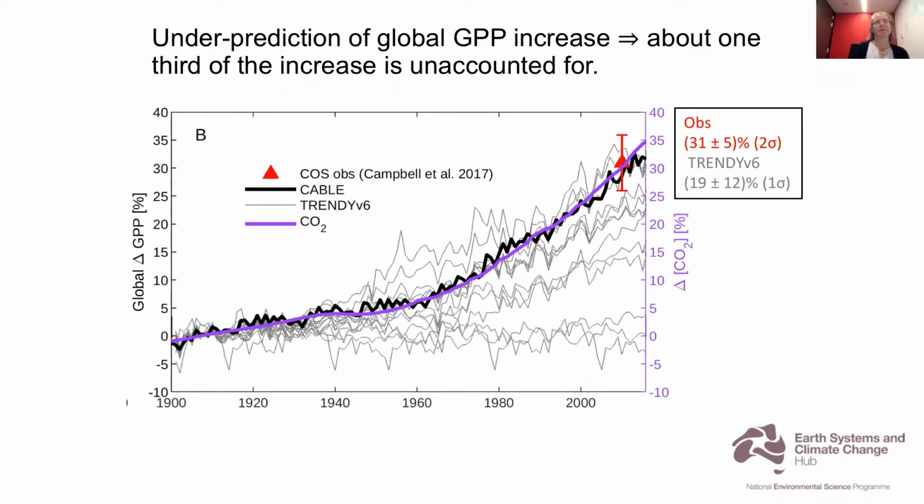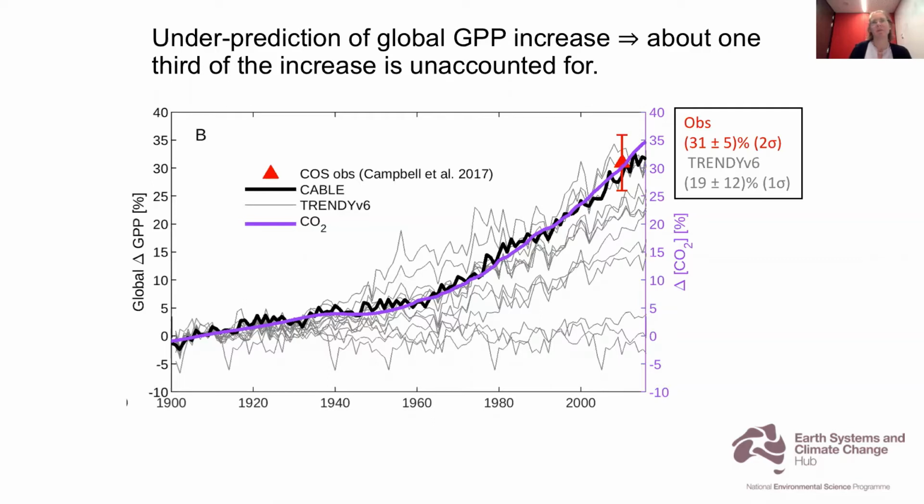Okay, so now going back to our plot with the rise in CO2 and the change in global photosynthesis that's based on the carbonyl sulfide tracer, we now overlay some model estimates. And so the grey lines represent the global photosynthesis trajectories since 1900 from 14 different terrestrial biosphere models, those same models that inform the global carbon budget every year.